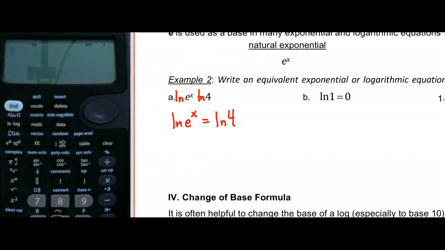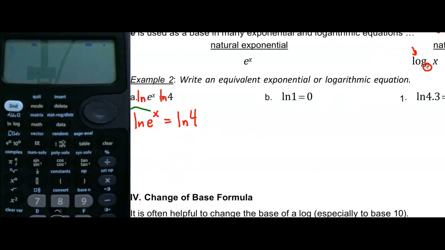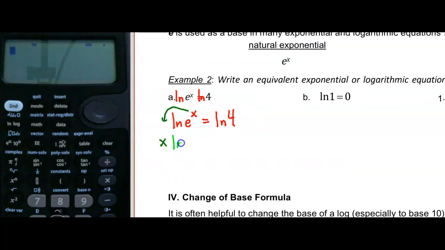And we have an exponent property that says if I have an exponent here, I can bring it down in front. I'm showing the long version of this on purpose just to show how it comes out. So now I have x times the natural log of e equals the natural log of 4.